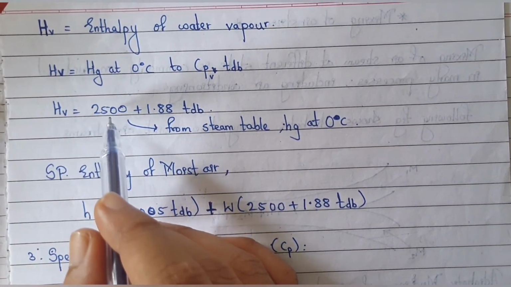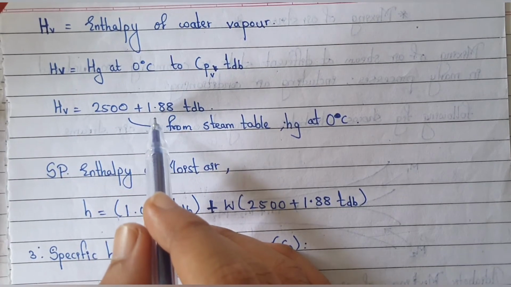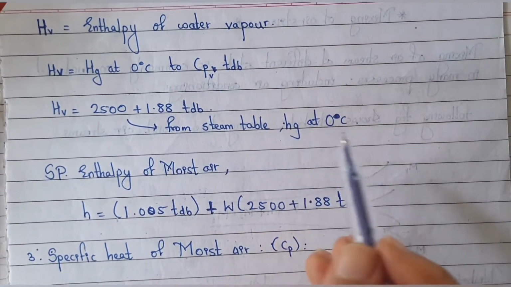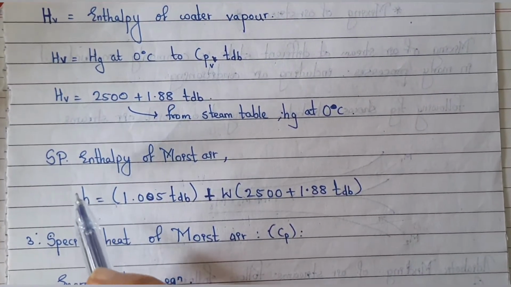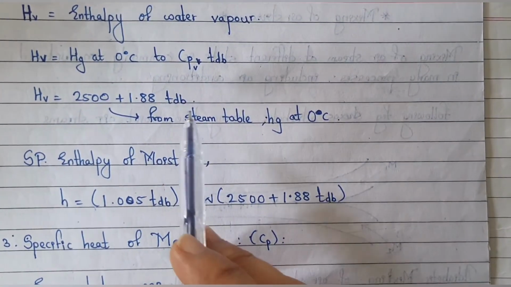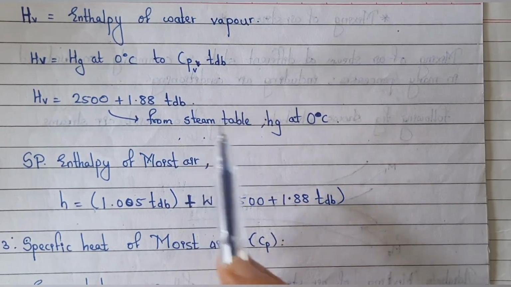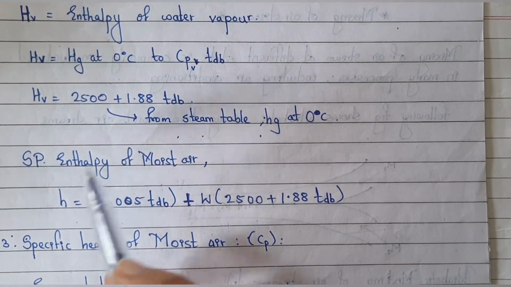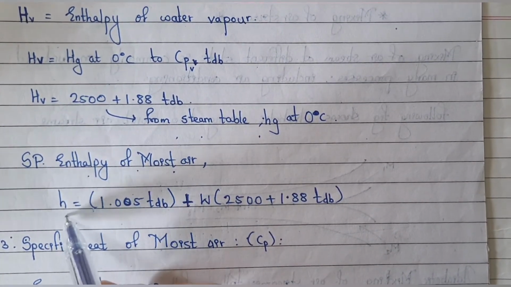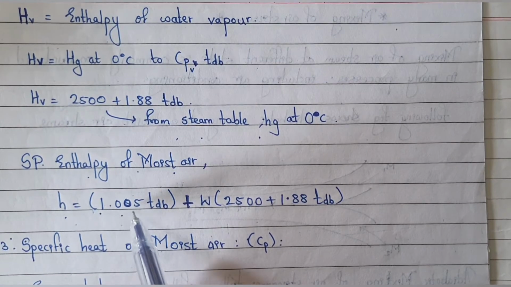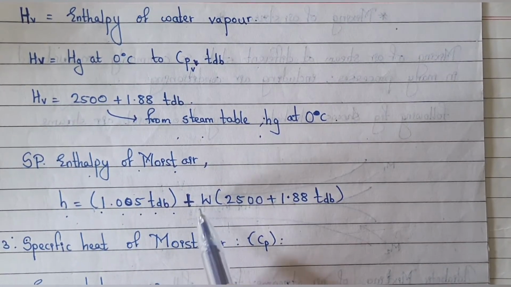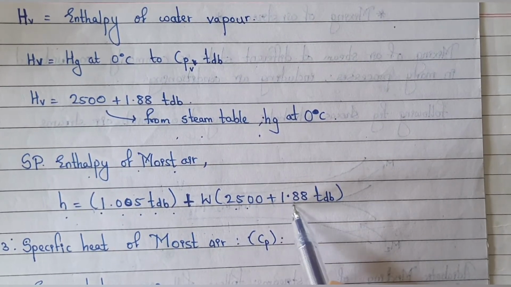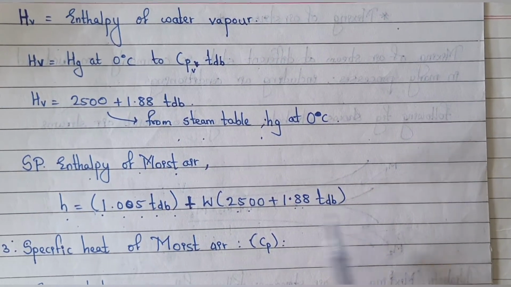Hv is equal to 2500 plus 1.88 TDB, from the steam table Hg at 0 degree Celsius. These values are taken from the steam table, and the specific enthalpy of moist air, that is H, is equal to 1.005 TDB plus W into 2500 plus 1.88 TDB.